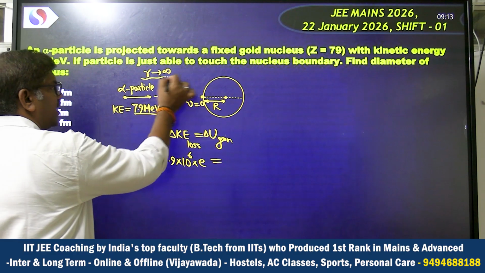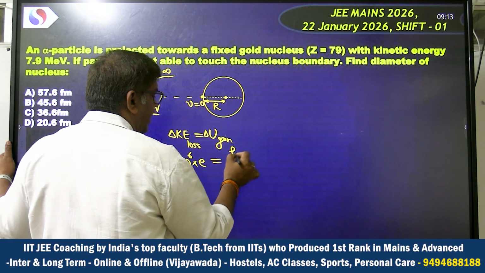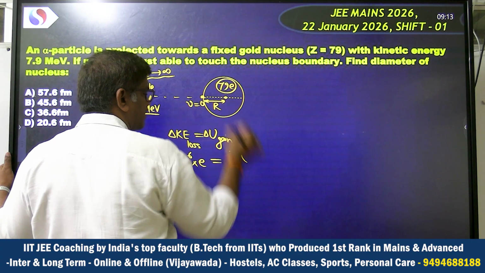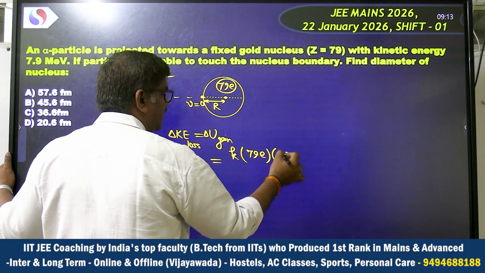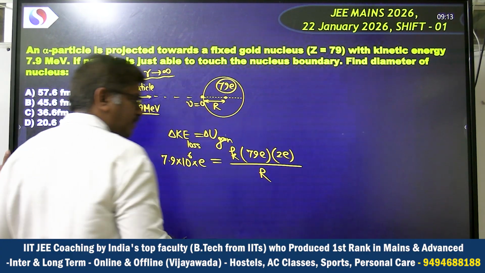Initially they are at infinite distance, so potential energy is 0. Now it will be K into 79e, the charge on the nucleus, into 2e for the alpha particle, divided by the distance between them, which is now the radius.